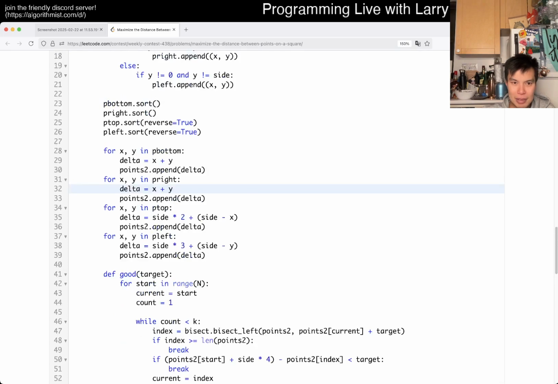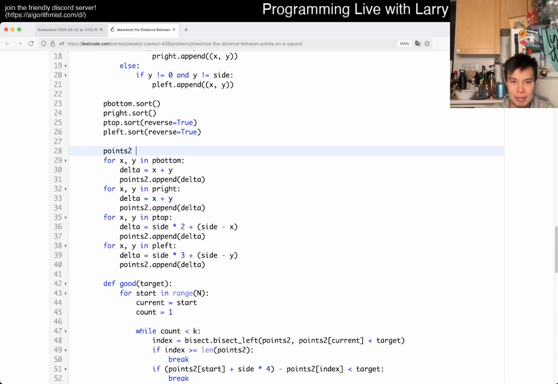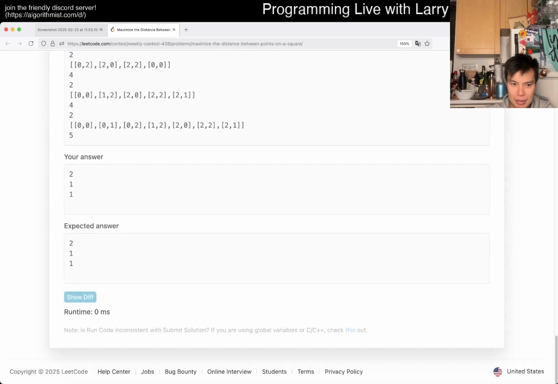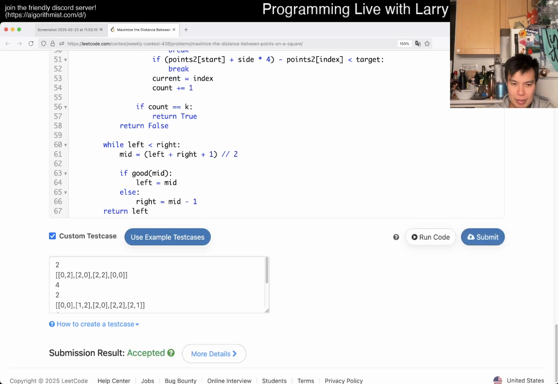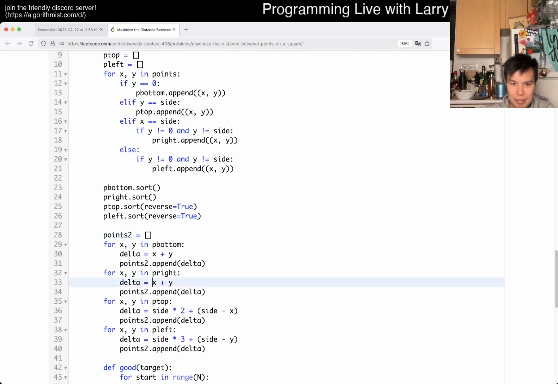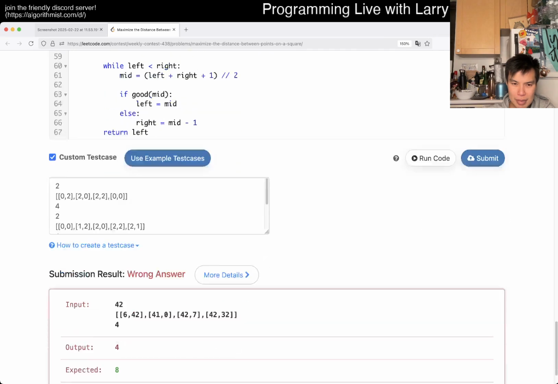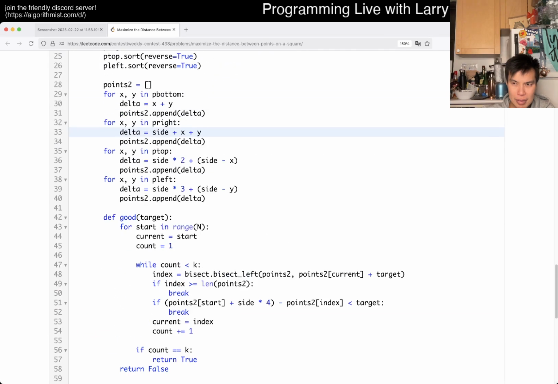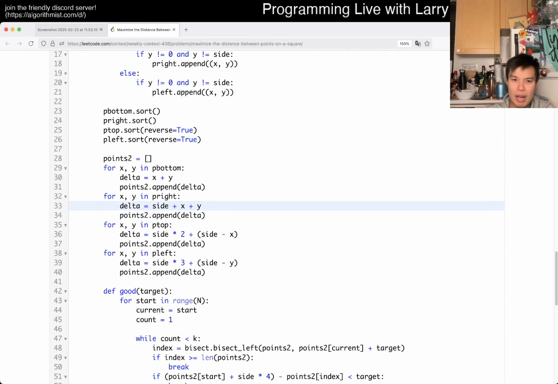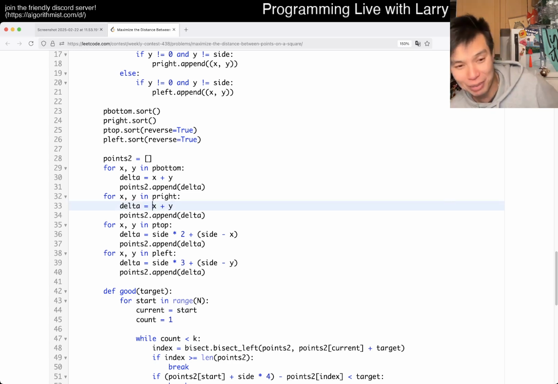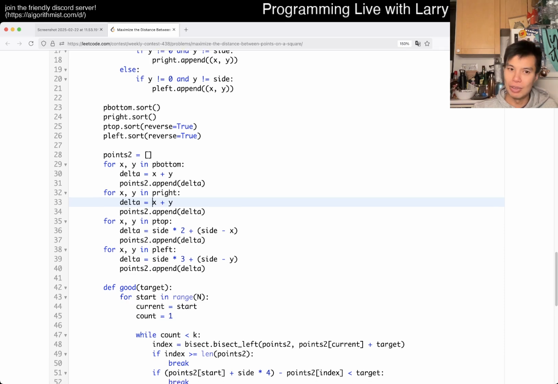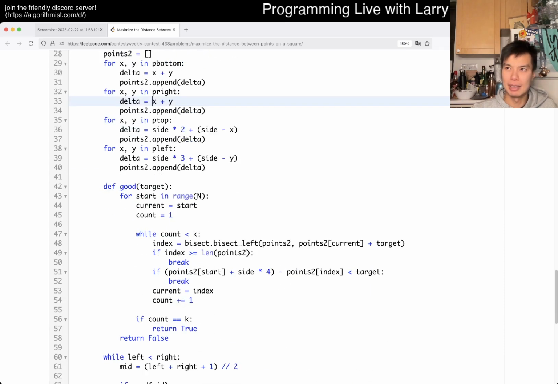Oh, whoops. Oh, I see, I see. All right, sorry, friends. I actually did remember working this out, but it got me scared for a little bit, honestly.